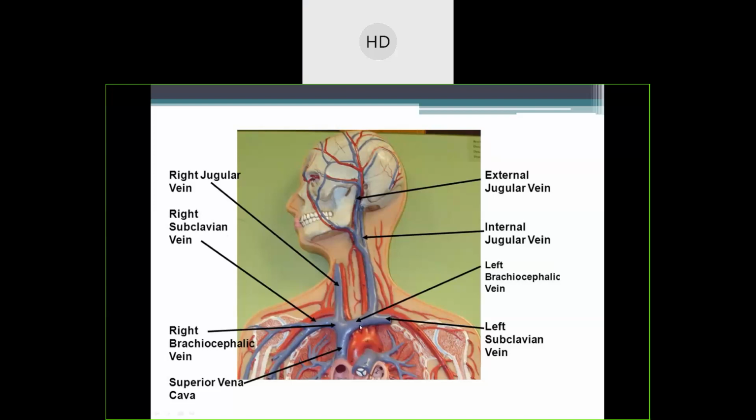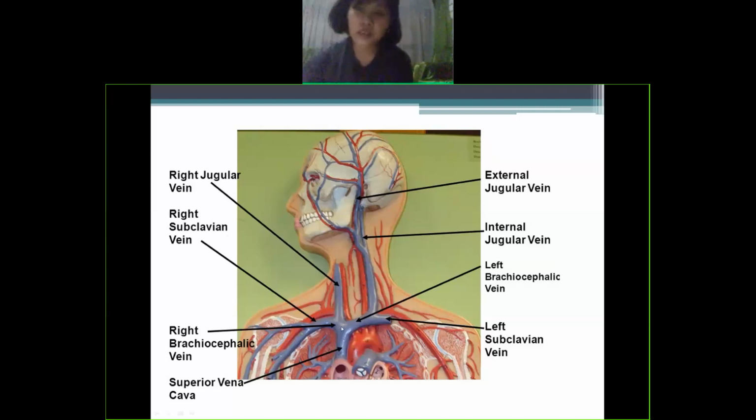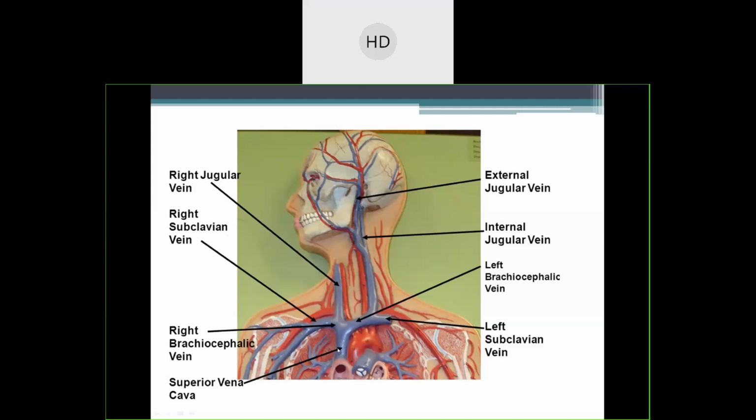Brachiocephalic vein, right? Okay, both the right and left sides are there. Both the right side and the left side brachiocephalic veins will come together and form what? Superior vena cava. Okay, very good. Superior vena cava.